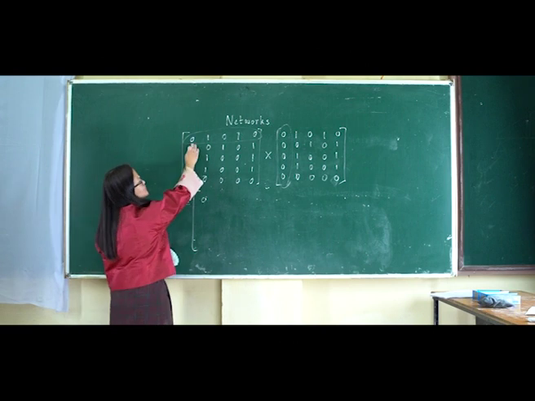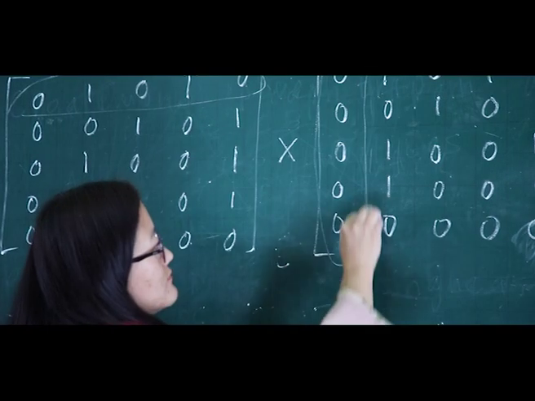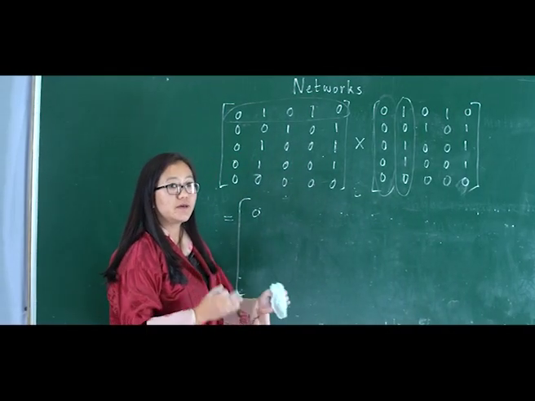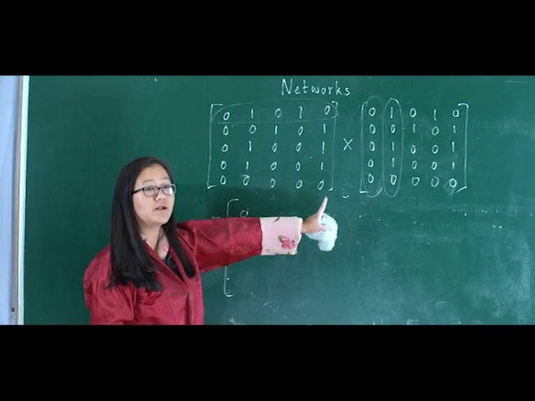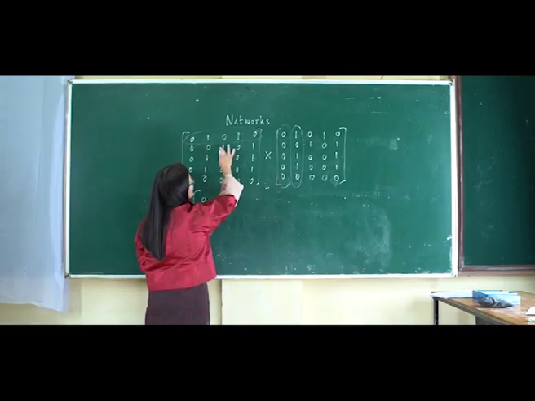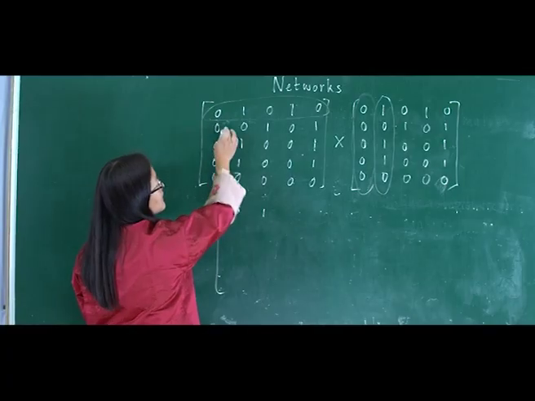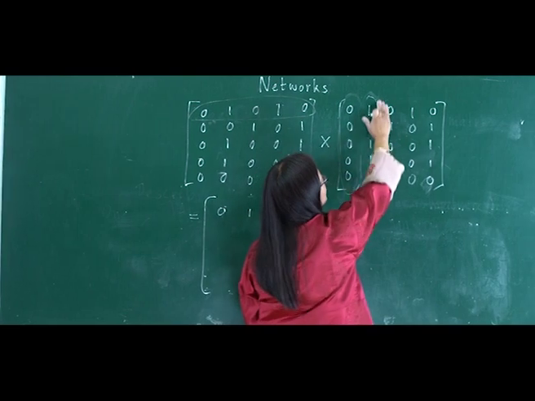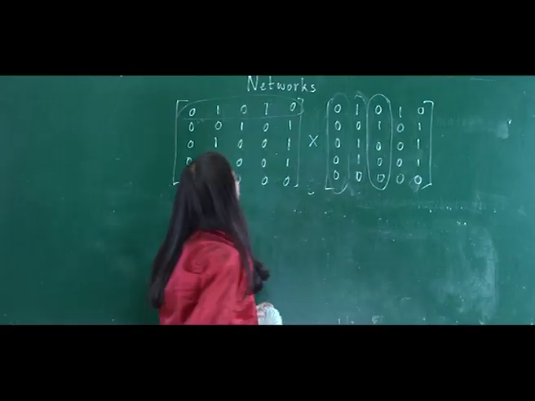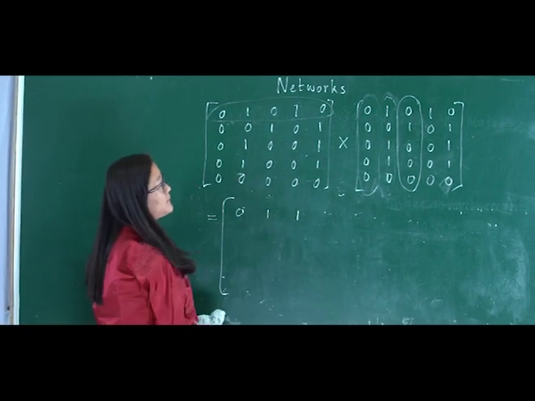Then, to move on, the first row with the second column. Because it's a huge matrix, I don't want to get confused, so I'm highlighting the one that I am multiplying. So we have 1 in here. Then I'm going to multiply the first row with the third column, so we can have 1 in here.